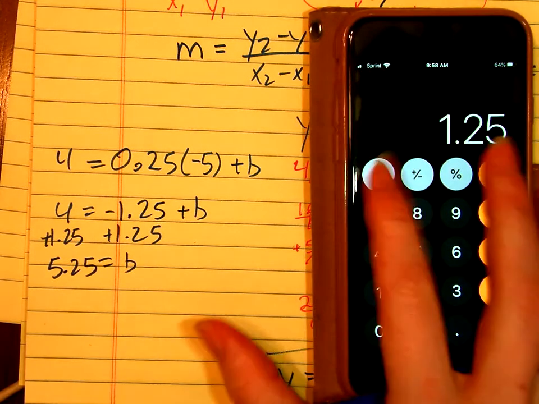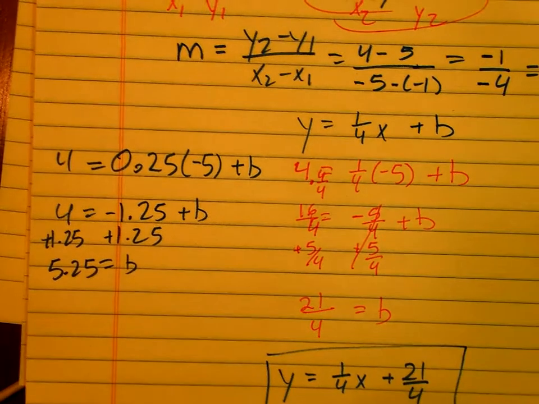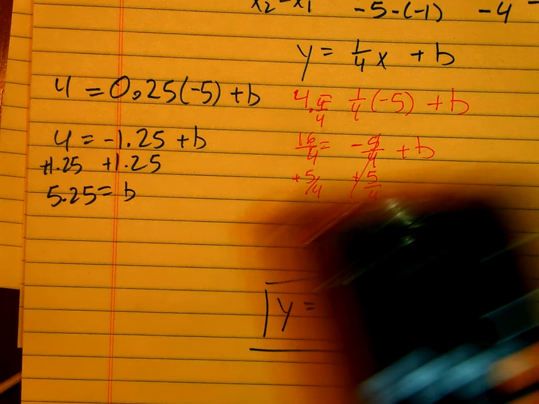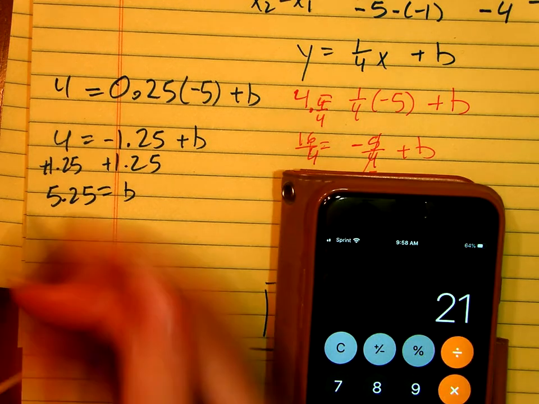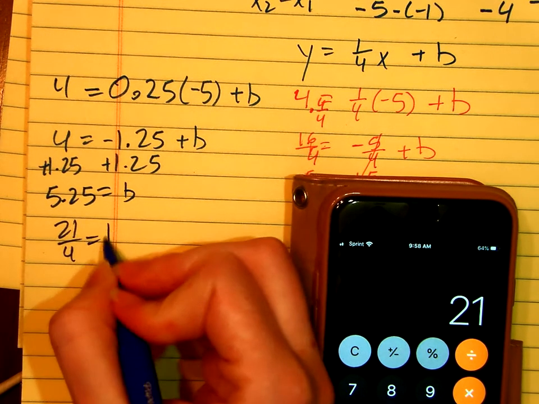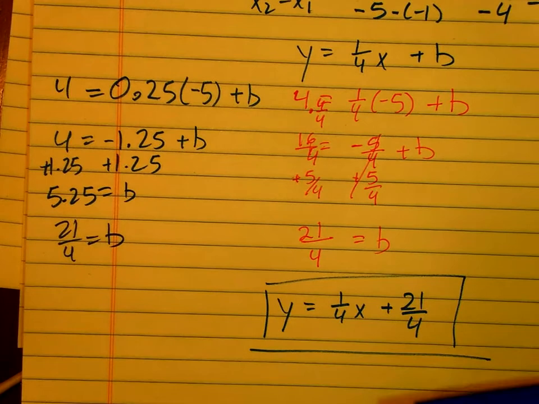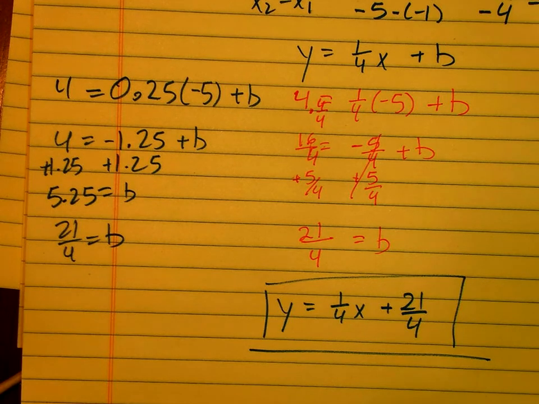And then again, you would have to convert that back into a fraction. But since you knew that you were basically working with fourths in the first place, you multiply it by 4 and you would get your lovely 21 over 4 back. Again, if the fractions themselves are what's giving you difficulty, Google it. There's lots of apps that will manipulate fractions for you.